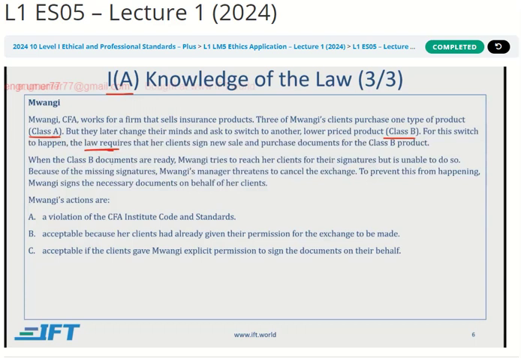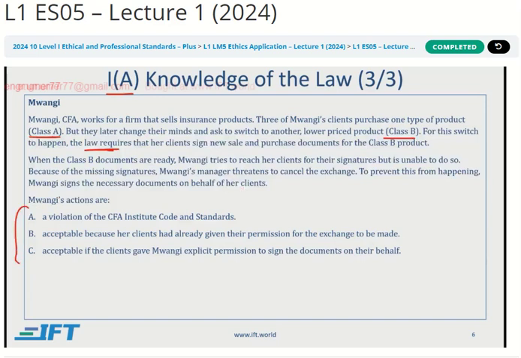When the Class B documents are ready, Mwangi tries to reach her clients for their signatures but is unable to do so. Because of the missing signatures, Mwangi's manager threatens to cancel the exchange. To prevent this from happening, Mwangi signs the necessary documents on behalf of her clients.